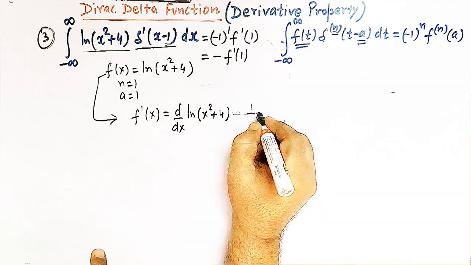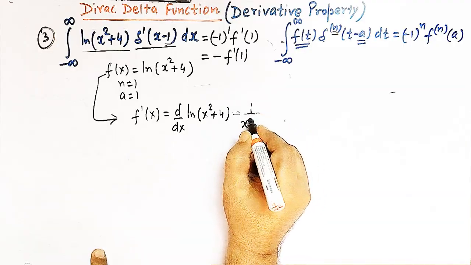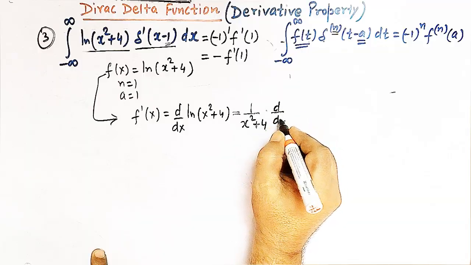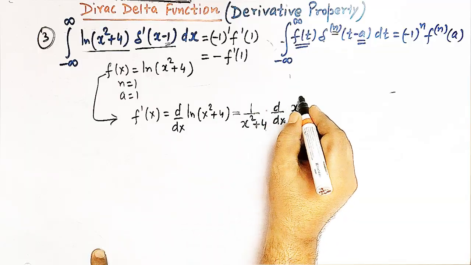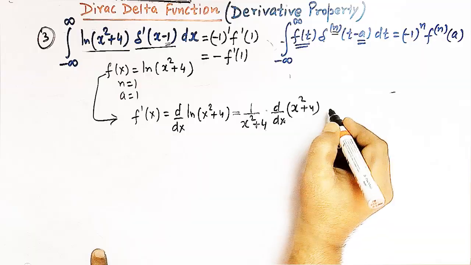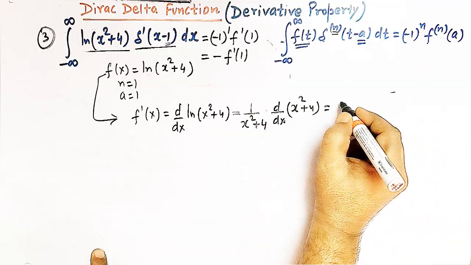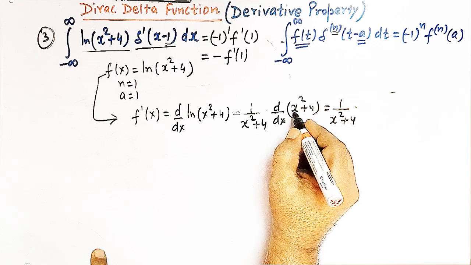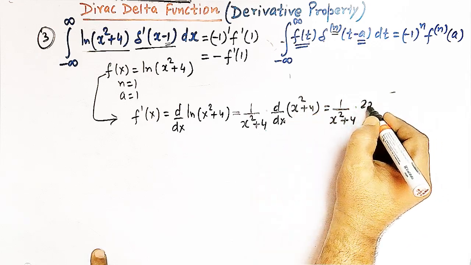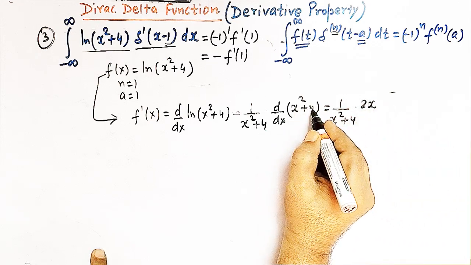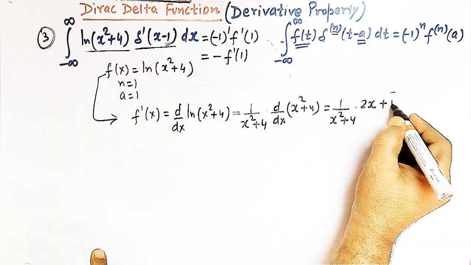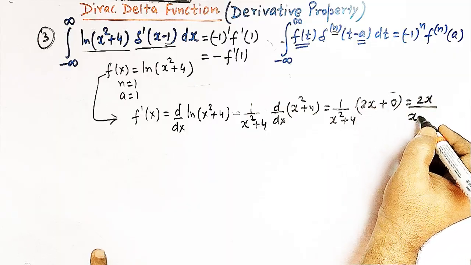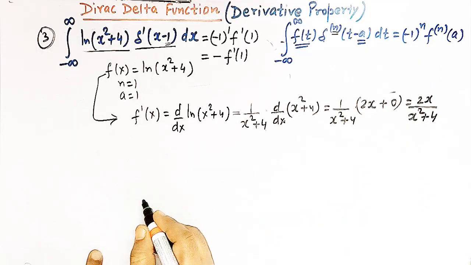So here we have 1 over x square plus 4, and then by chain rule we have to differentiate x square plus 4. So we can now write here 1 over x square plus 4, and the derivative of x square is 2x and the derivative of 4 is 0. So we have here 2x over x square plus 4, right?